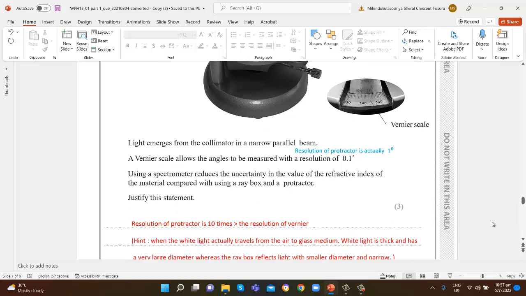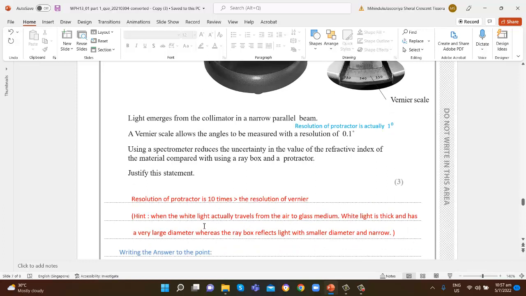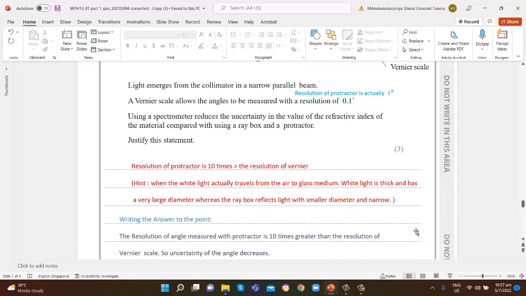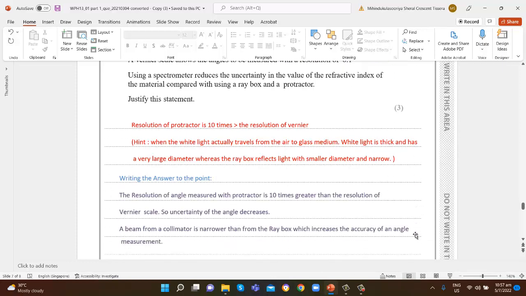Hint: when white light travels from air to glass, it is thick, a very large diameter, whereas the ray box gives light of smaller diameter, narrow. That is the idea that should come to your head to justify this comment. Having that idea, you organize your answer.